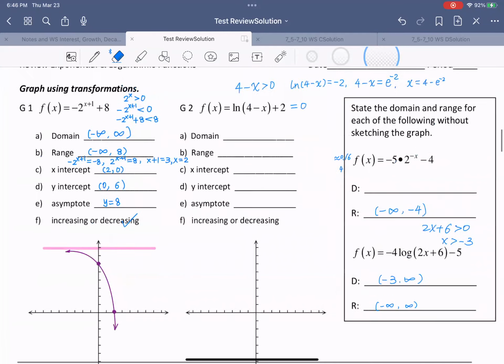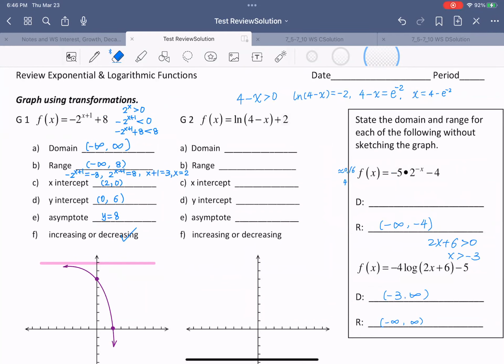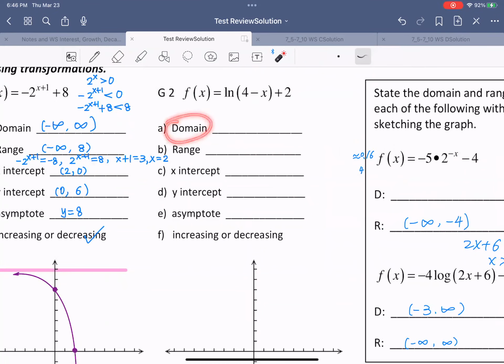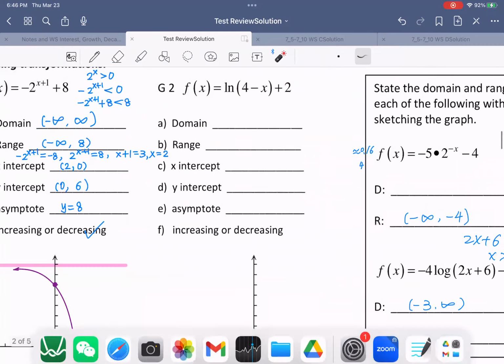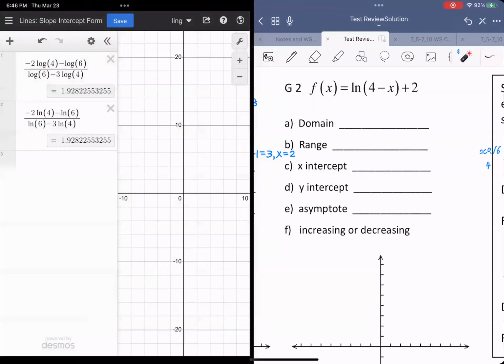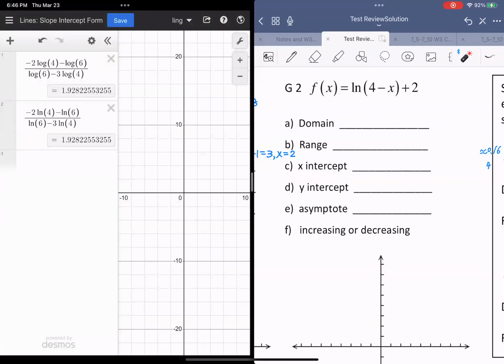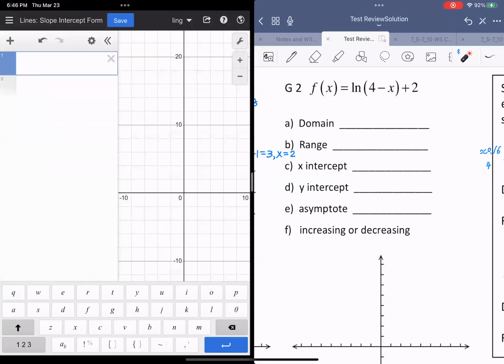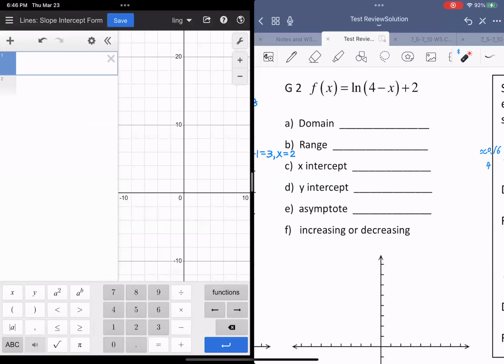Okay, Kathleen, let's do number 2. You want to find out the domain. As for the logarithm, the log and exponentials, everybody believes these two look so different, but they are identical.